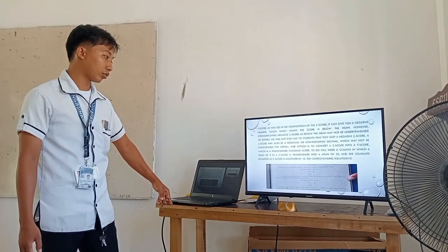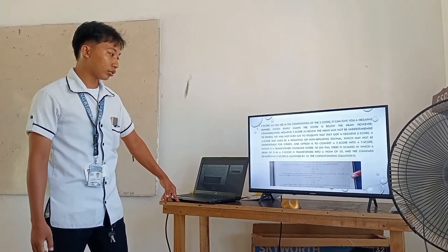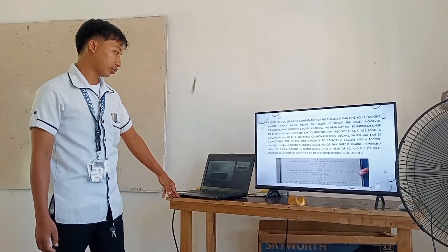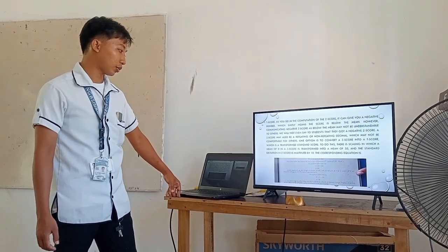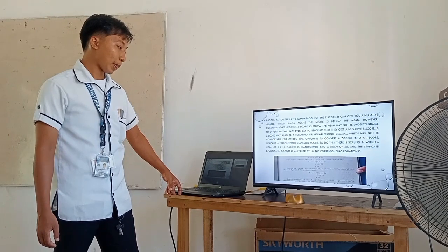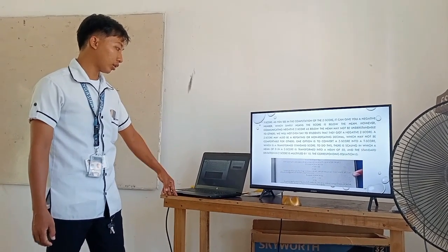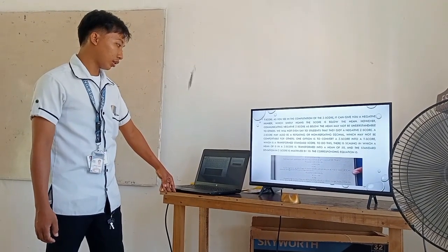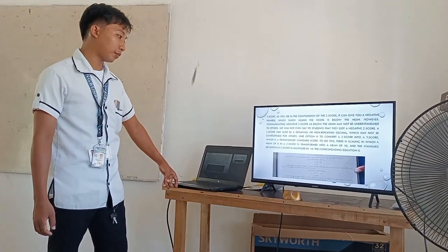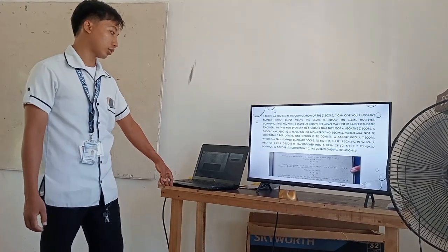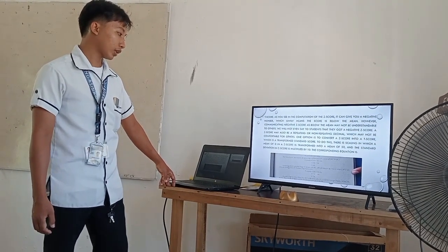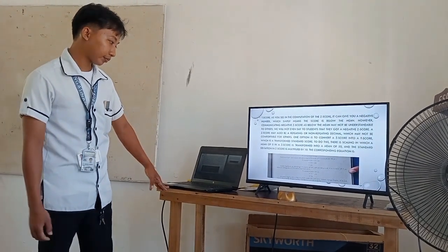One option is to convert Z-scores into T-scores, which is a transformed standard score. To do this, there is scaling in which a mean of 0 for the Z-score is transformed into a mean of 50, and the standard deviation is multiplied by 10. The corresponding equation is.